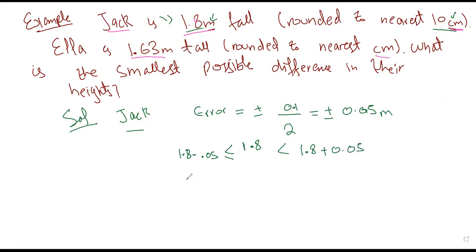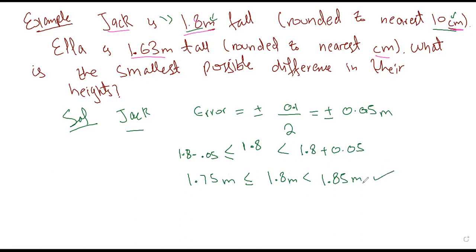So what do we get? We will get 1.75 meters less than or equal to 1.8 meters less than 1.85 meters. Any questions? No. Okay, this is what we are getting for Jack.